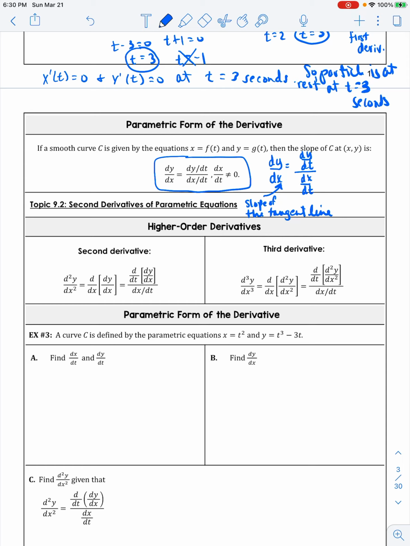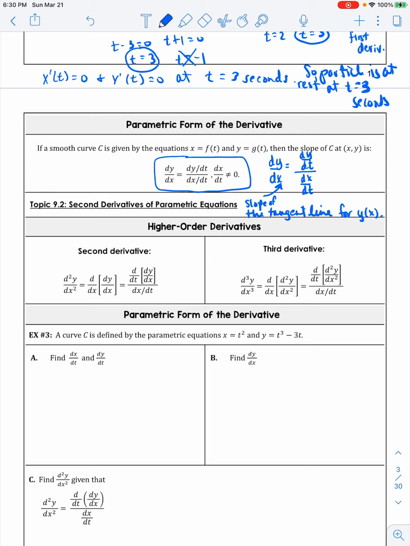You would not get the slope of your tangent line from these, because you're talking about the function y of x, and these are x of t and y of t functions. So just so you keep it straight, anytime they ask for the slope of the tangent line or the equation of the tangent line, you're going to be trying to solve for dy/dx, not dy/dt or dx/dt, but you are going to need them to solve dy/dx.